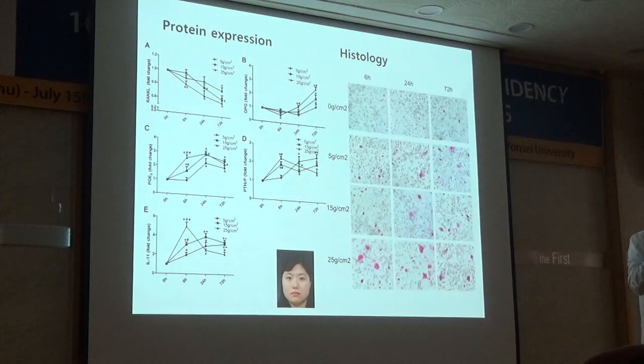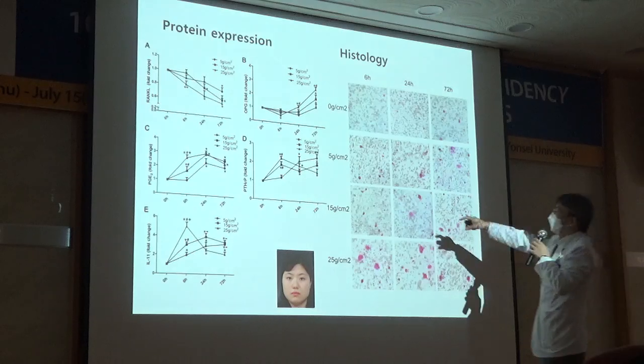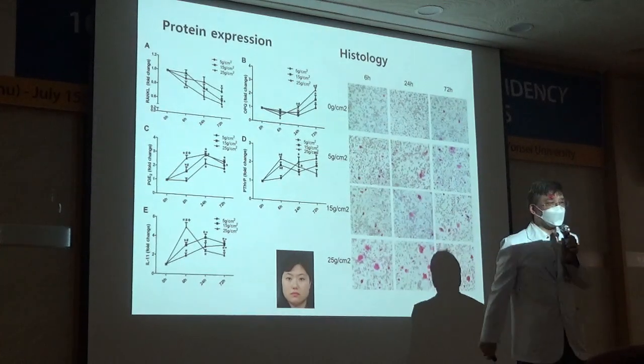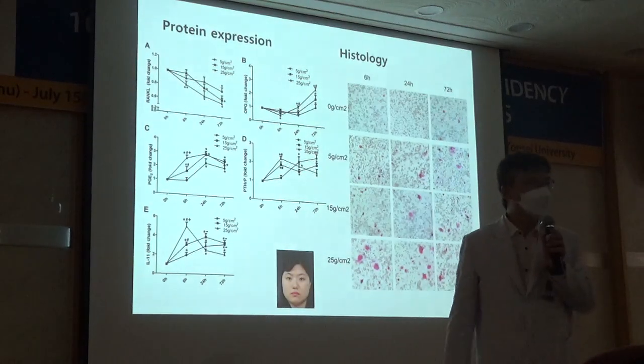Because the cells, as long as they are under certain pressure for a certain period of time, they're supposed to respond. They don't recognize, okay, now I recognize this is 5 gram, just because it's 5 gram I would not respond even if the pressure comes for the next 2 or 3 days.